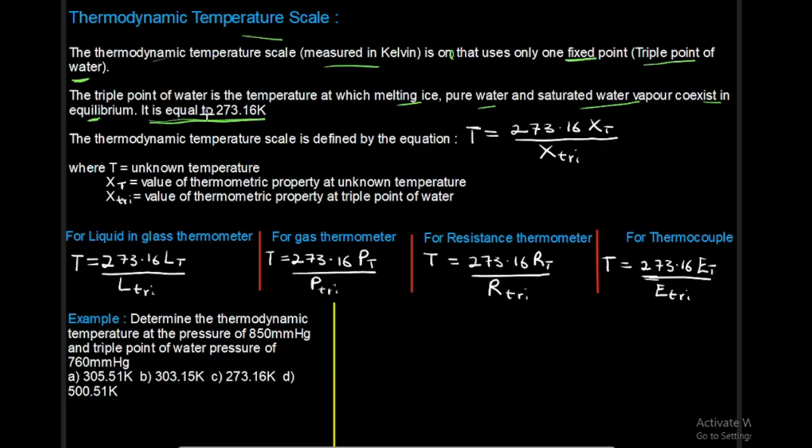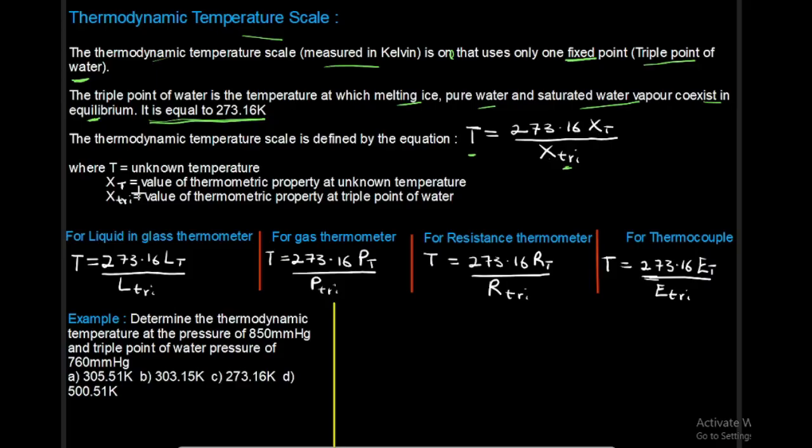Now the thermodynamic temperature scale is defined by an equation. Just like the Celsius scale is defined by an equation, the thermodynamic temperature scale is also defined by an equation, which is this. Here we have our unknown temperature T equals 273.16 Xt all over Xtri.